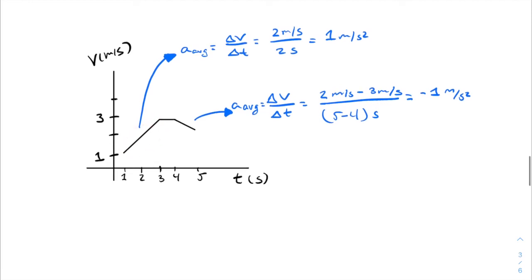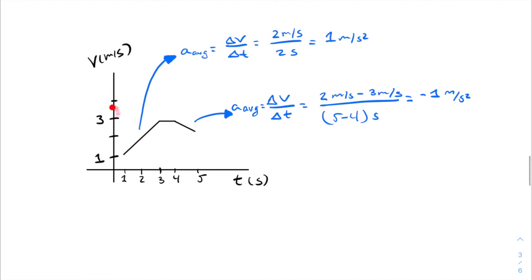So, for example, in this first line, we see that the initial velocity at 1 second is 1 meter per second, and the final velocity is 3 meters per second at 3 seconds. Taking this difference of velocity, 3 minus 1 gives us 2 meters per second, and the difference in time is 3 seconds minus 1 second, which is 2 seconds. This gives us an average acceleration equal to 1 meter per second squared.